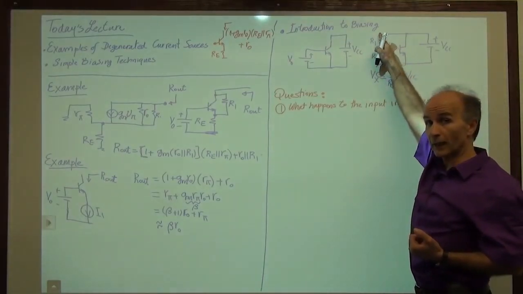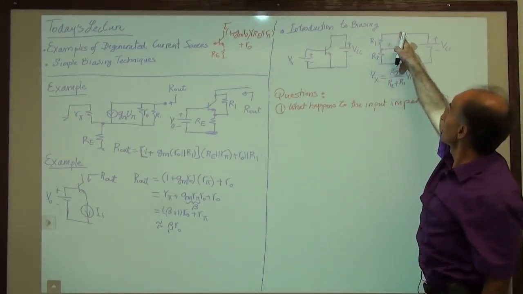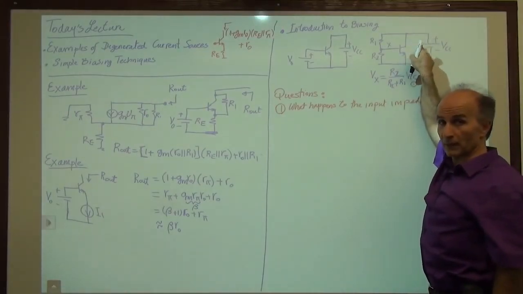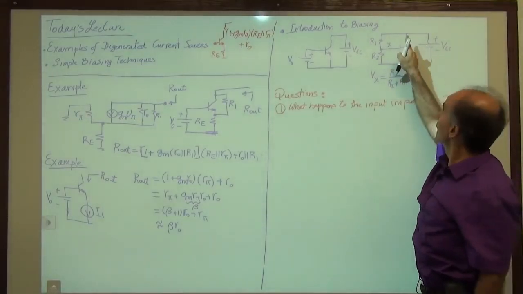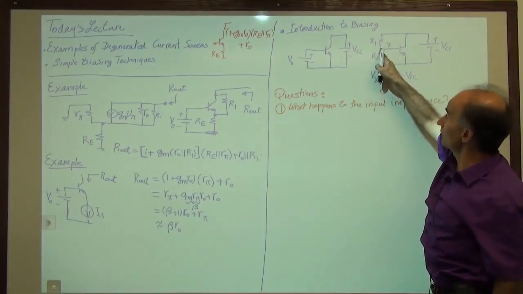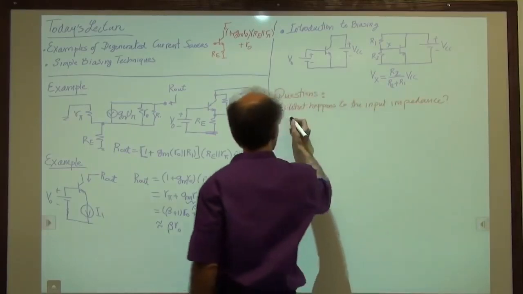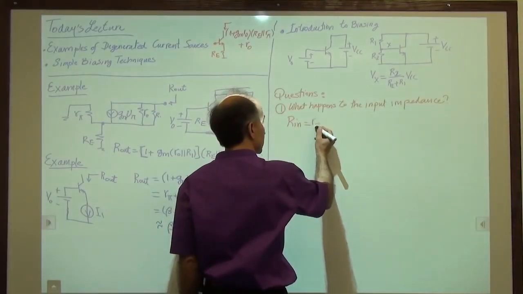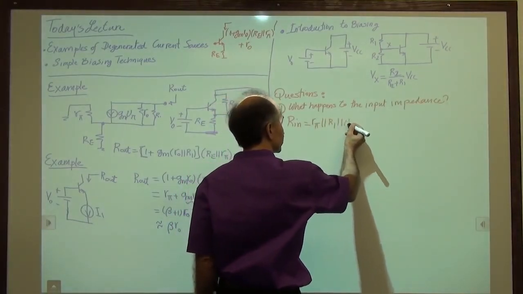R1 also goes to AC ground because we know that in our AC model, we will set to 0 all constant values. This is a constant battery. Its voltage doesn't change with time. Because the change is 0, this point goes to 0 voltage. So it means that R1 is also going from this node to AC ground. So what we really have is the input resistance is equal to R pi, but in parallel with R1 and R2.